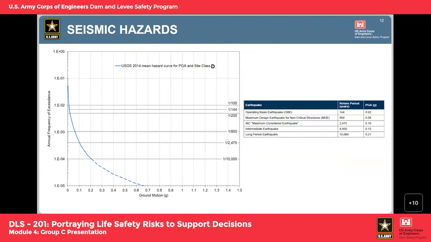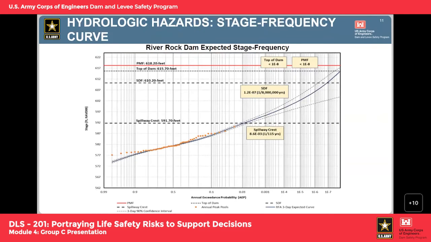Nathan? Yep. Go back one slide, yeah. How do you feel, you said that the historic data fits the curve well. Can you explain those points at the low end of the curve where it deviates?